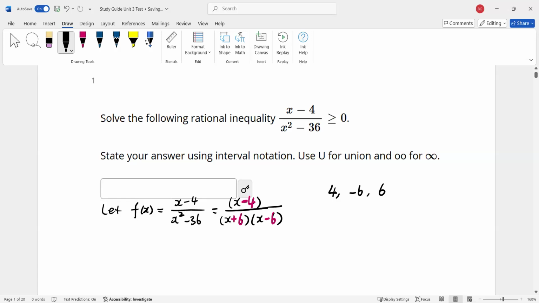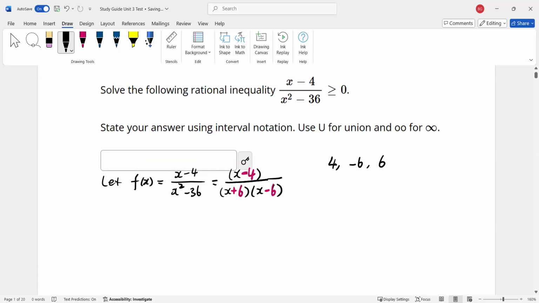The 3 critical values divide the domain of the function into 4 intervals. The domain of the rational function is not all real numbers; it's all real except negative 6 and positive 6. So we must have a hole at negative 6 and at positive 6 to indicate the domain is all real except those 2 values.